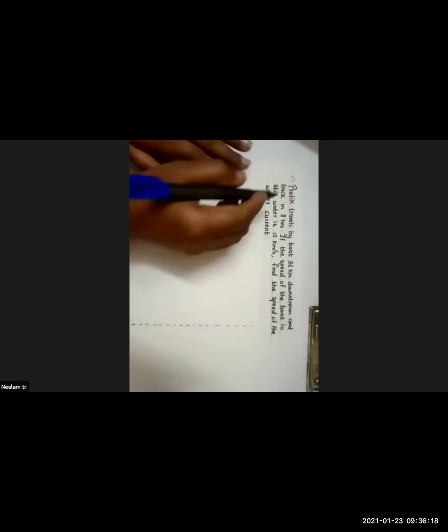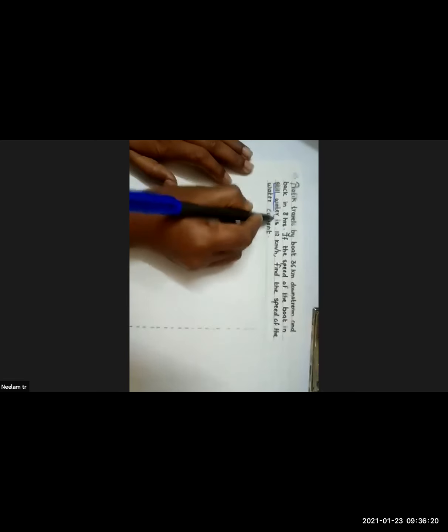The speed of the boat in still water, how much is it given? It is given as 12 kilometer per hour.